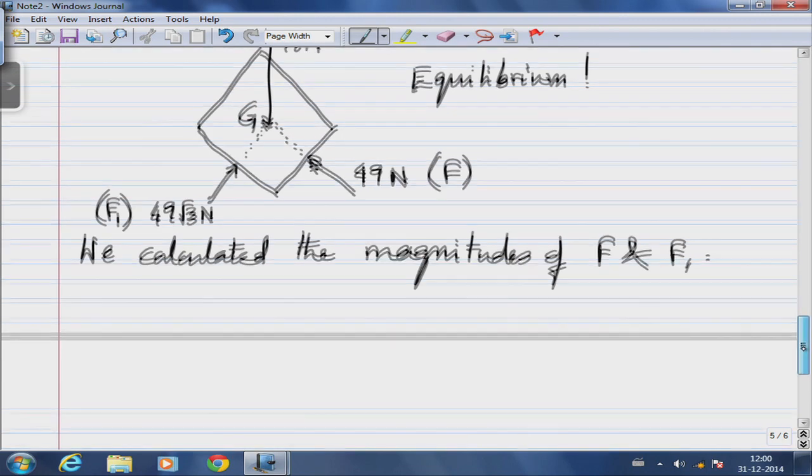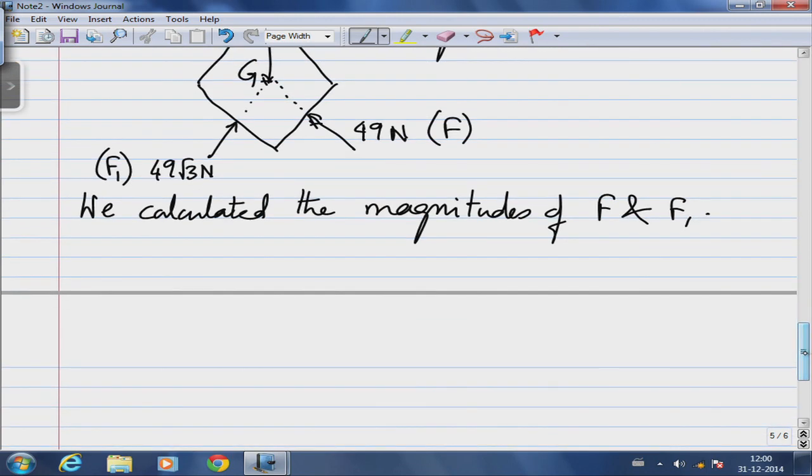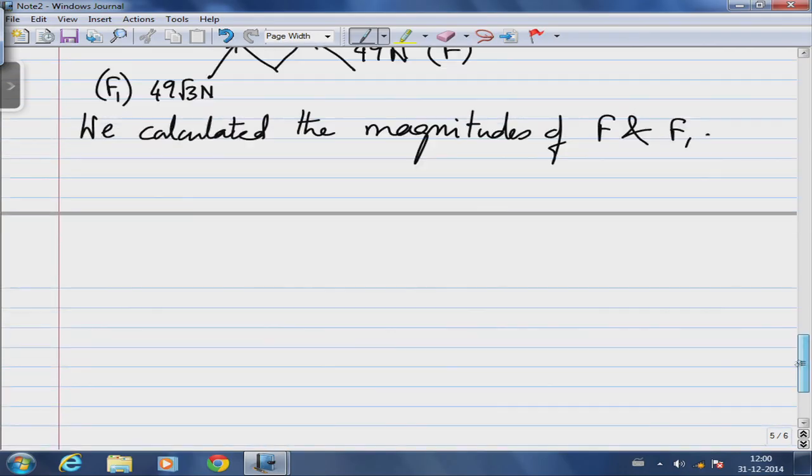Let us understand the difference between F and F1. What causes F1? F1 is a force that is caused by the fact that I have an inclined plane underneath this block. Now, why would the inclined plane push this block up with a force F1 acting through the center of mass in this particular instance?